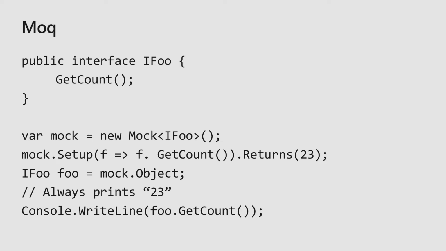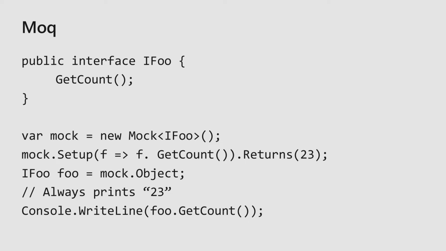And whenever that method, which is typically in the library you're testing, calls GetCount, it's always going to return 23. So this way it helps you put in what I'll call constant return values, so you can always test your APIs depending on whatever situation.